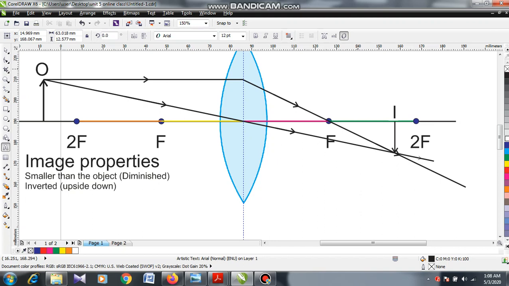Third image property, it is real. How do you say it is real? Really, light rays meet to form the image.